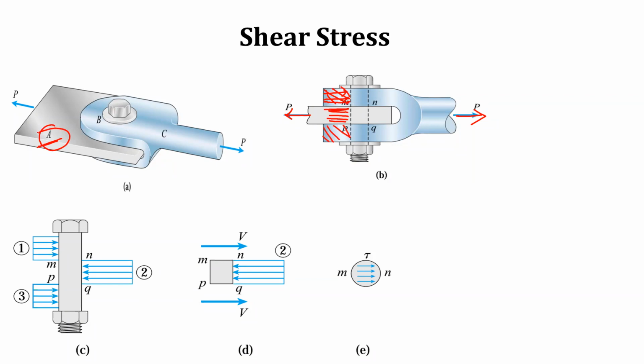Now just imagine if I apply the load this way, I will have the free body diagram like this. So this 1 and 3, this load is due to this part C. So pulling the part C in this direction, this part and this part will apply load like this way, and at the same time this middle part bar A is pulling in this direction.